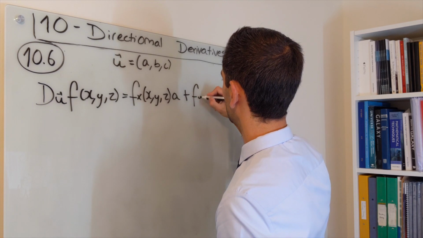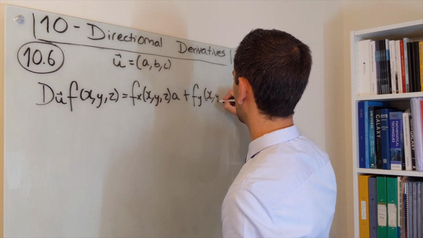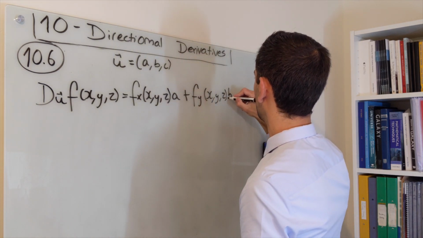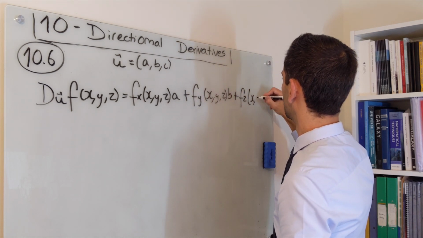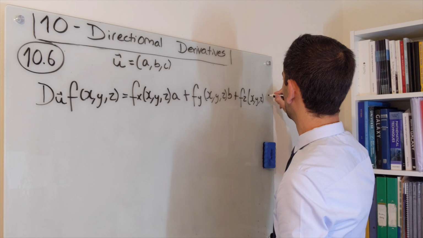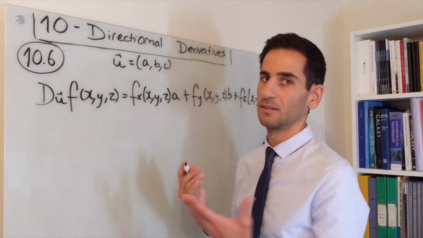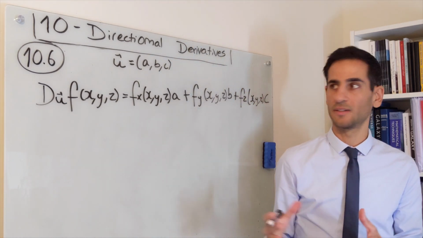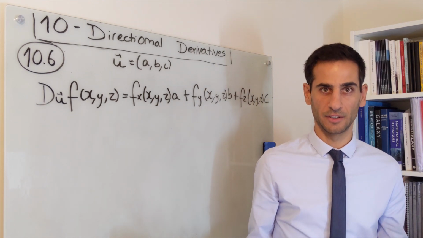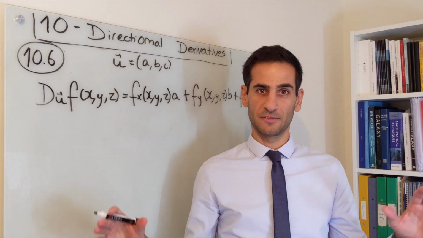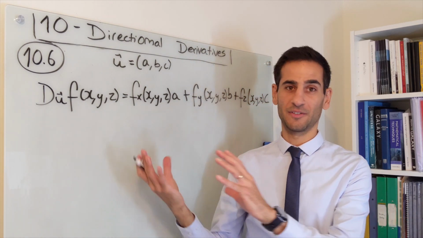And then you're doing the same for y, fy(x, y, z) b, plus fz(x, y, z) and then c. And the great news is that there are various ways that you can make this way more compact, so that when you're writing, you don't need to spend billions of years just writing down the definition of things.